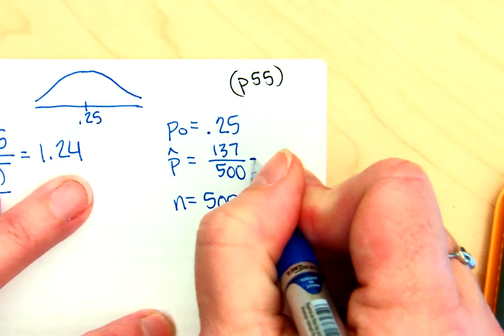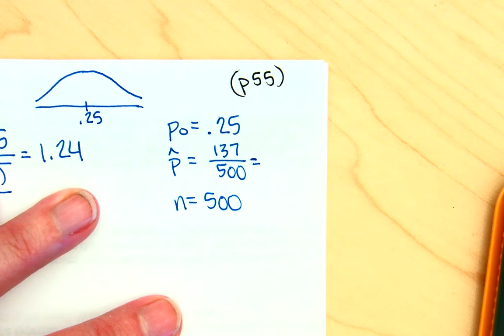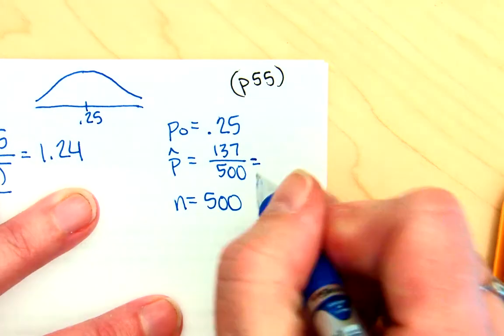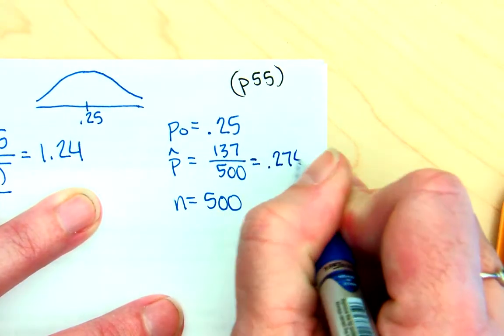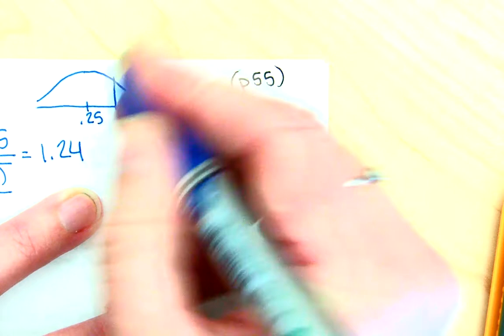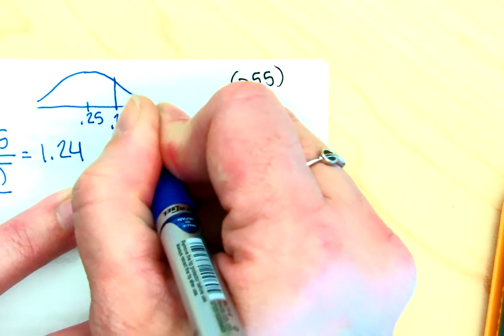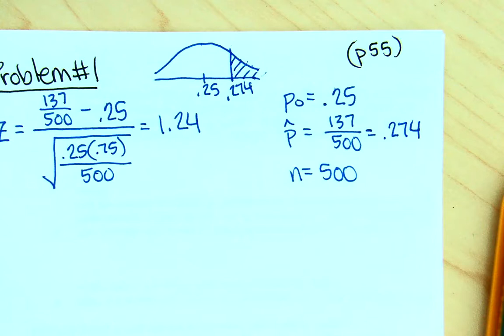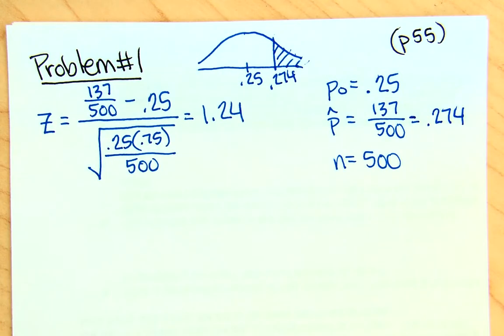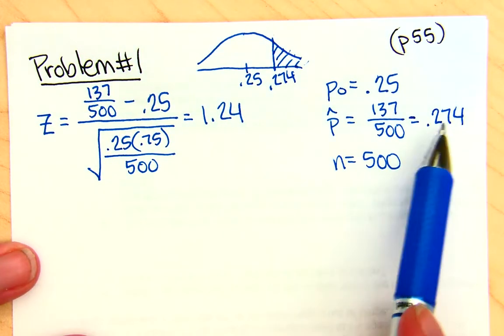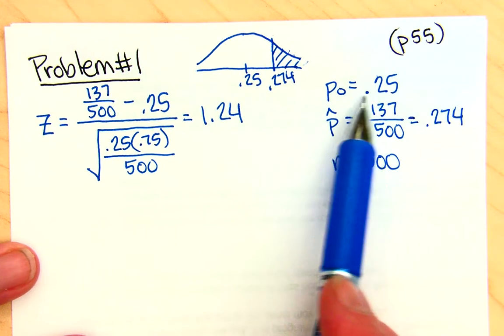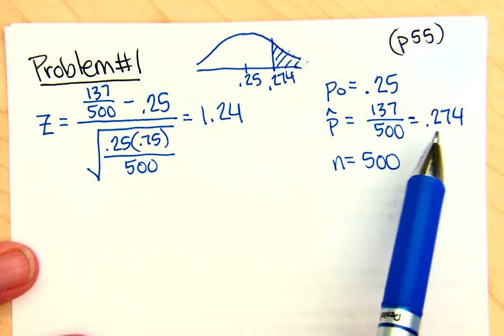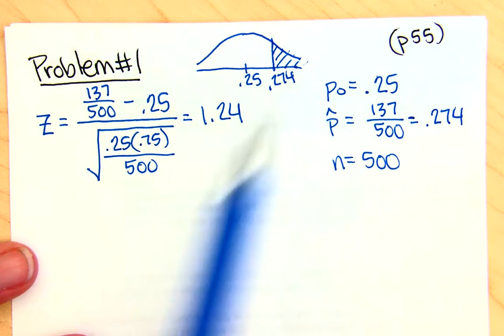If I divide this out, 137 divided by 500, I get 0.274. I'm looking for numbers greater than that. So that's kind of our picture of what we're doing. We have this z-score, this is our proportion, this is our population. So we want to know the probability of getting something bigger than that.